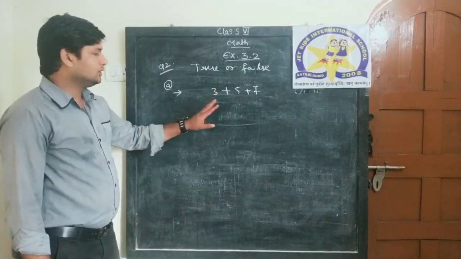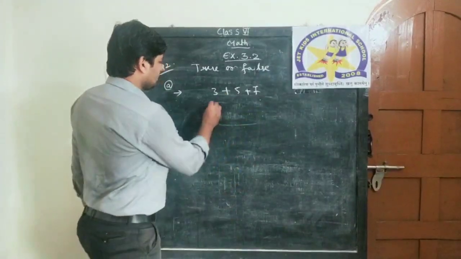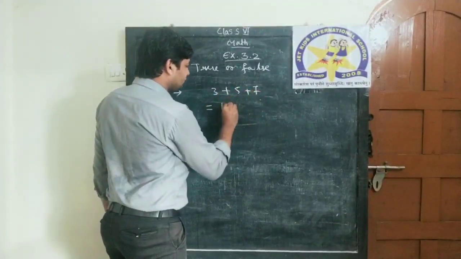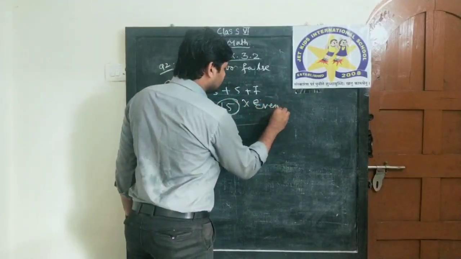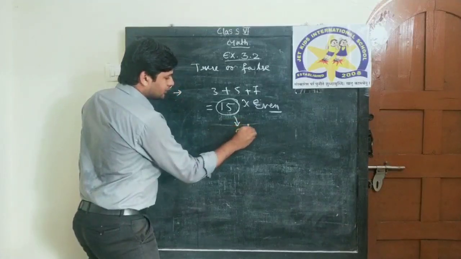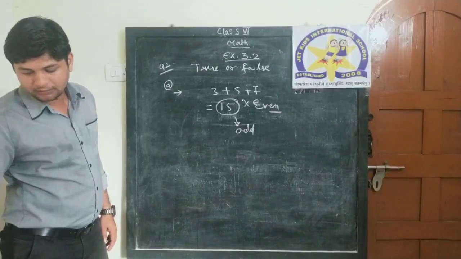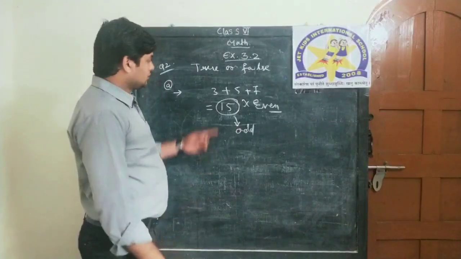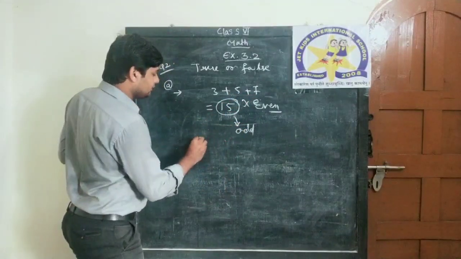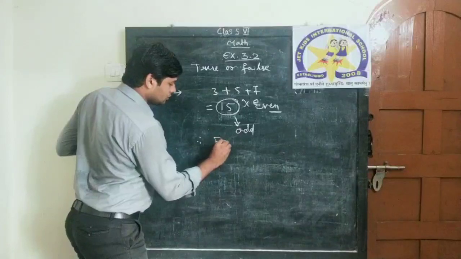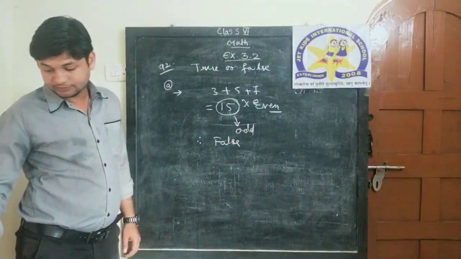First only 3 plus 5, 8, plus 7, 15. We are not getting an even number; it is an odd number. So the sum of three odd numbers is also odd. Then the statement will be false.